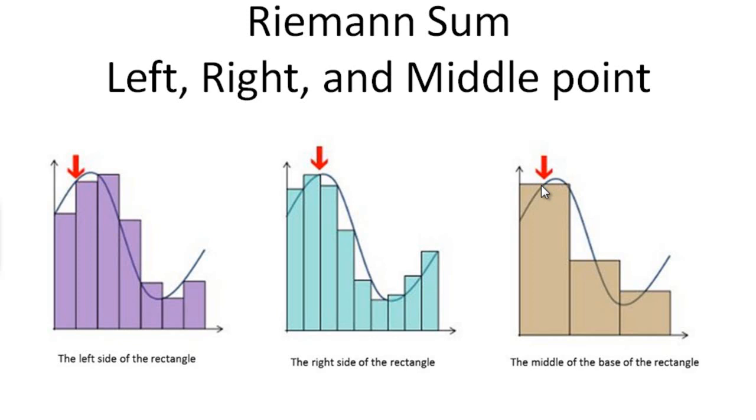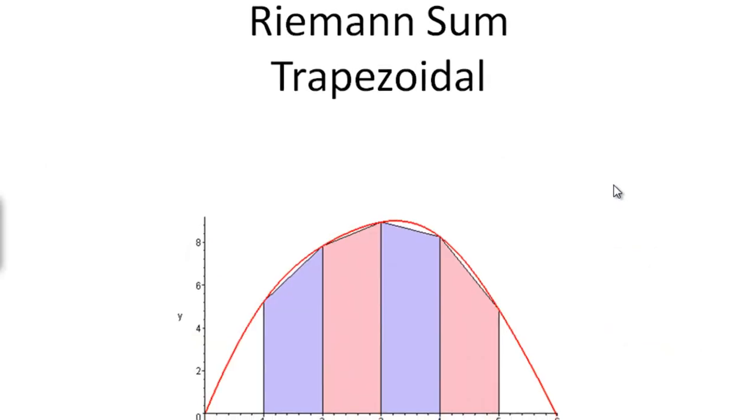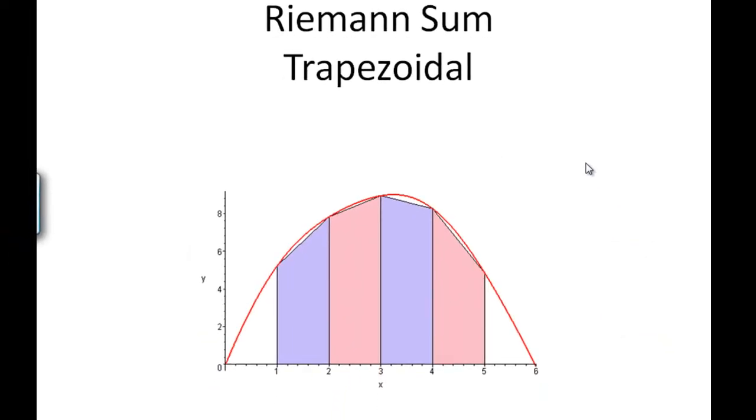Depending on whether the function is increasing or decreasing, any of these methods over- or underestimates the integral. Thus a more accurate method is using the trapezoidal, like that. In the trapezoidal method you connect both endpoints, form a trapezoid, and compute the area of the trapezoid, not the rectangle.